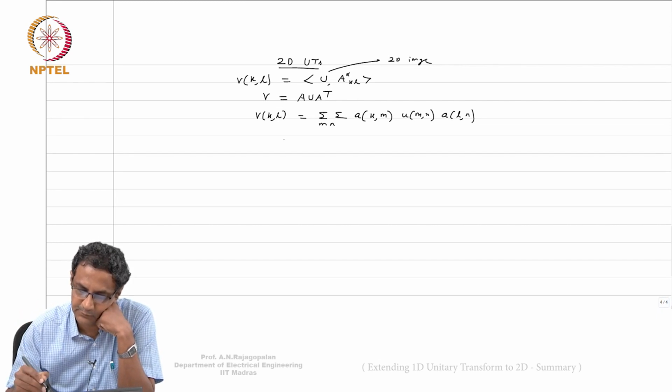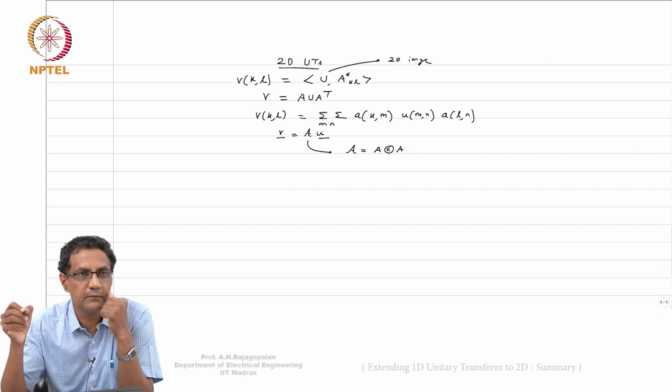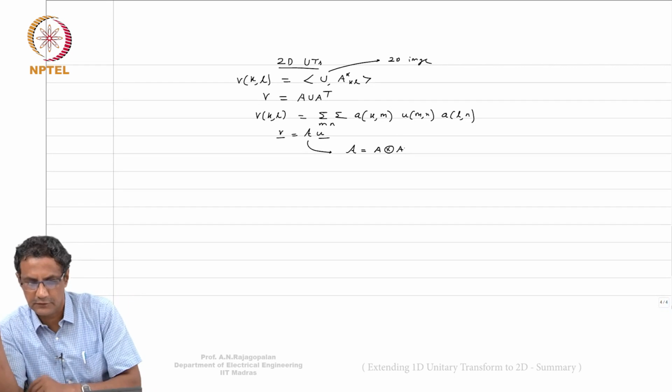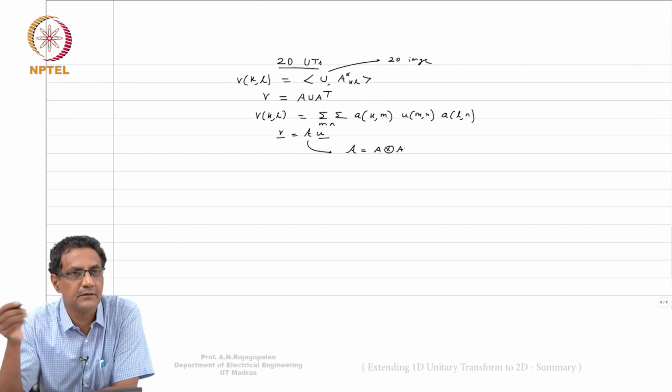But the one that I like the most is where we wrote V equal to script A times U, where script A is A Kronecker A. This form I feel is the most elegant because it leads the way from 1D to 2D in a seamless manner.